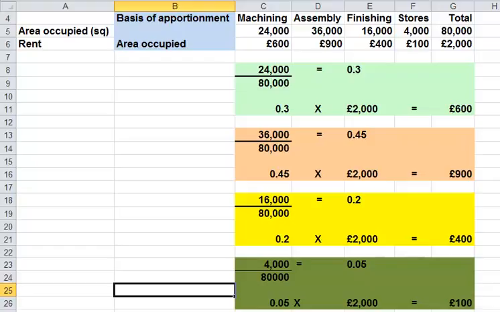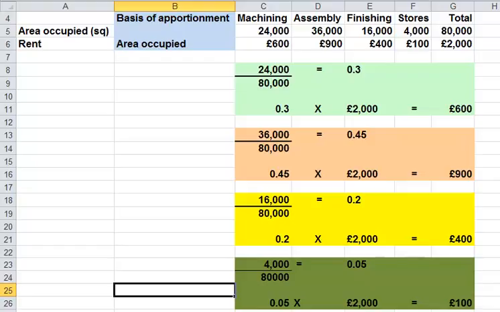Machining should pay £600. Finishing should pay 400. And the stores should pay 100. And if we add it all up, it comes to 2,000. So what we've done is we've apportioned the rent according to the usage in the different departments.